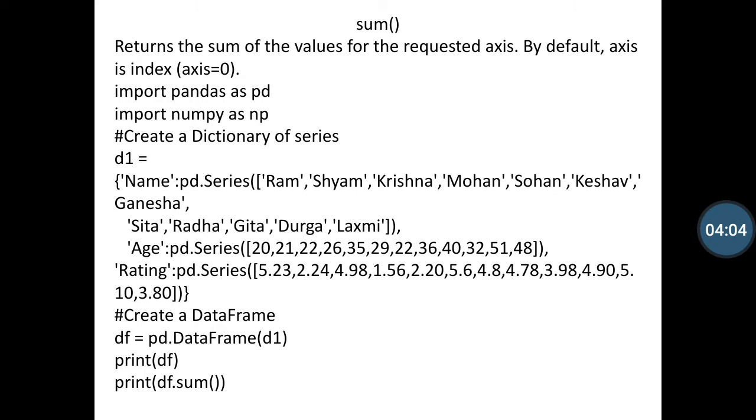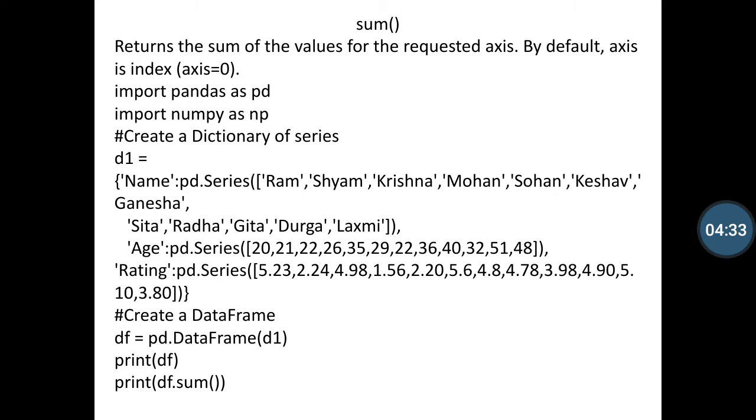I am giving another example for the sum, calling both libraries, then creating the dictionary as previously defined. The dictionary is defined with key values name, age and rating, and then we create a data frame df equal to pd.DataFrame, put the d1 value, and then print df.